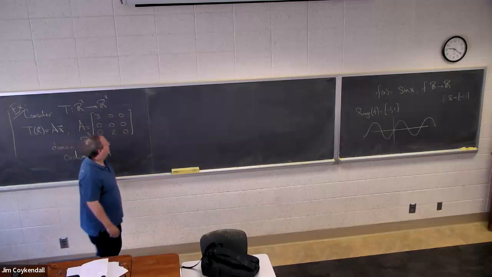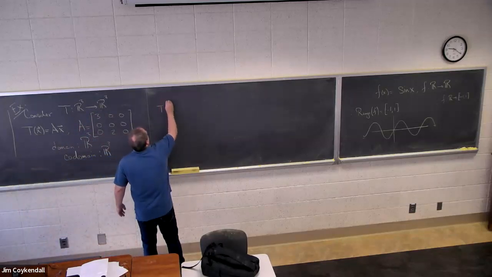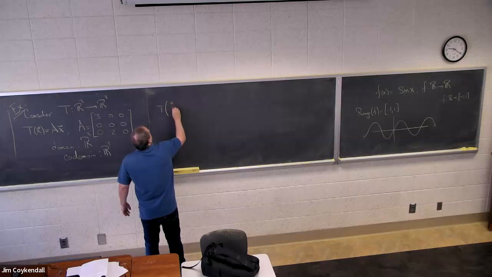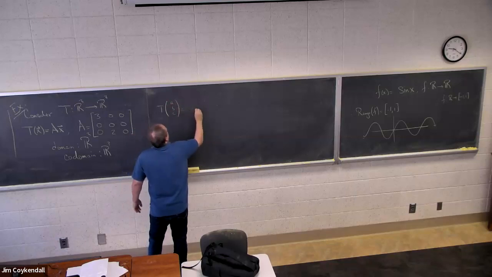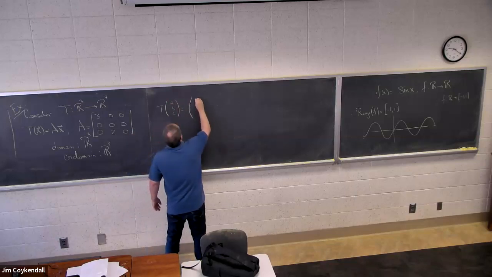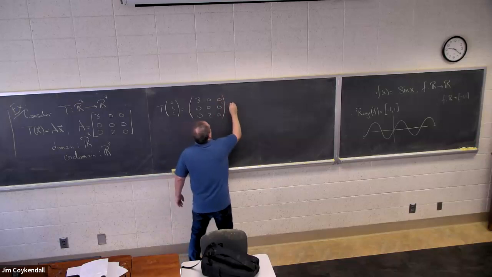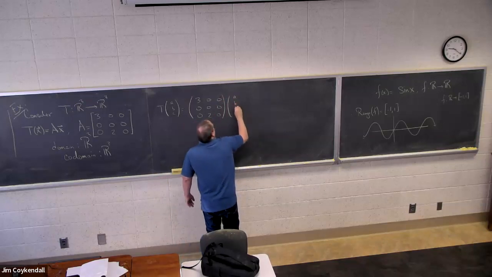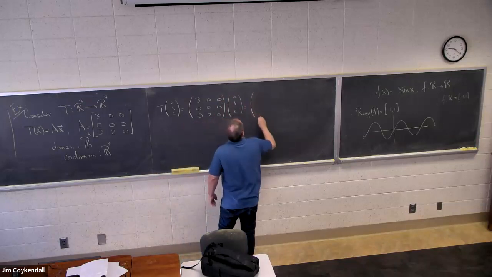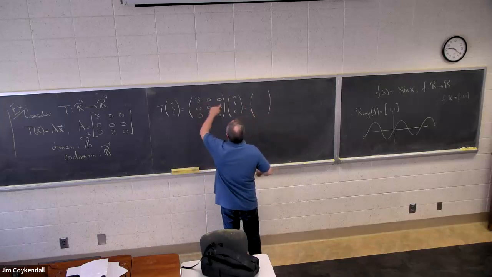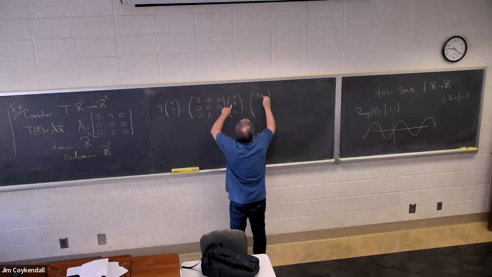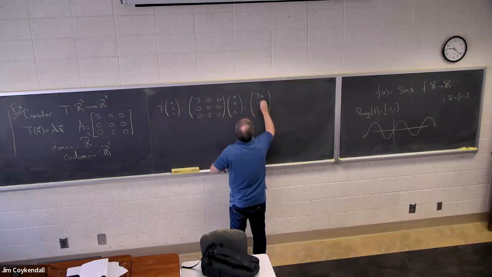Let's see how it works. That's going to be 3a, 0, and 2b.